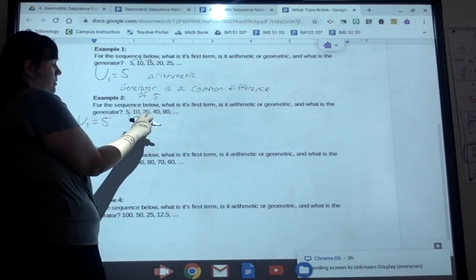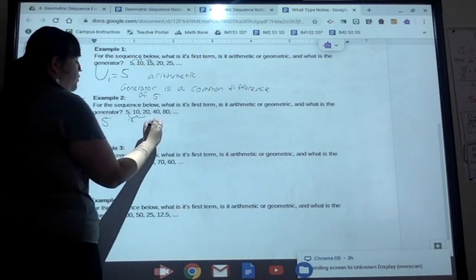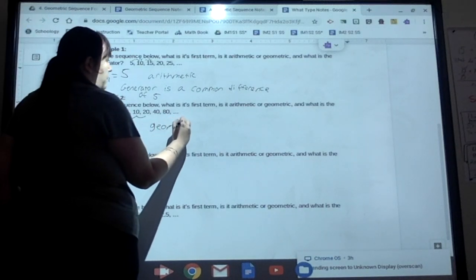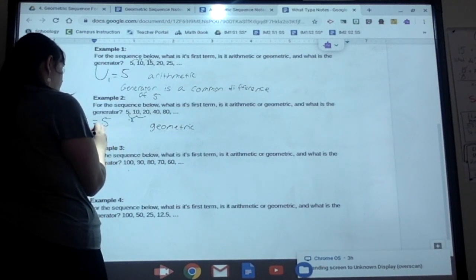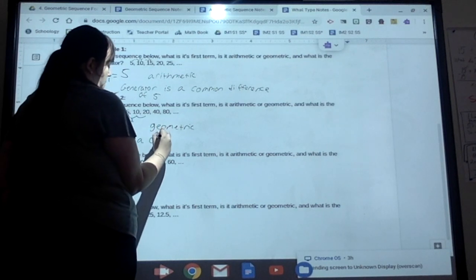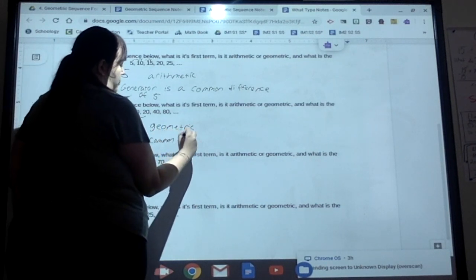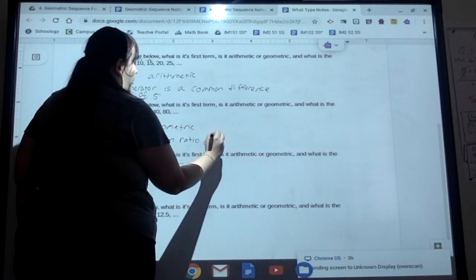Oh, that's also times 2. 20 to 40, times 2. So I'm multiplying by 2, so it's geometric. And the generator is a common ratio, and we use the word ratio because that's how we know we're multiplying, of 2.